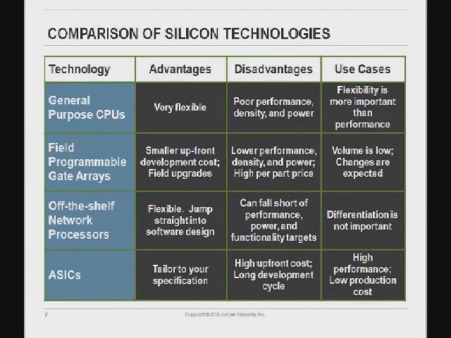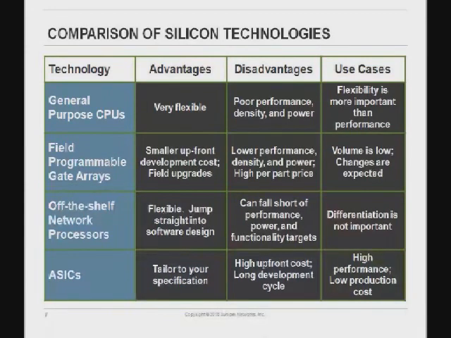And the disadvantages, of course, are lower performance, density, and power than ASICs, and they also have a higher per part cost. And the cases where these are useful, and probably even advantageous, are when the volume is low because the price is high, and when changes are expected. So, for example, if one of the standards that you're designing to is not finalized, you can use this so you can upgrade them when the standard is finalized.